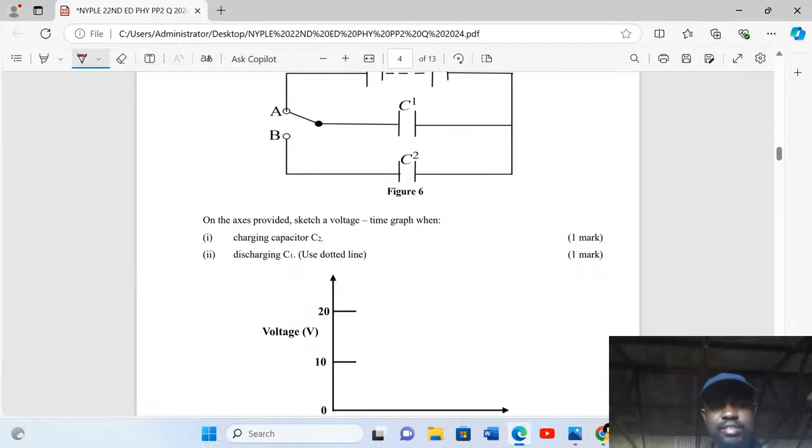C1 has been charged to maximum by the battery. The battery is then disconnected so that we can charge capacitor C2. Since these two capacitors are identical, they should share this voltage equally.